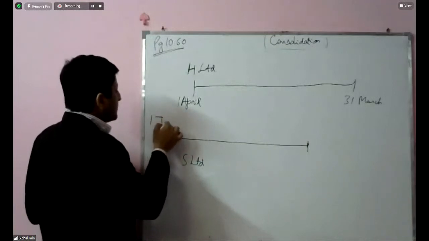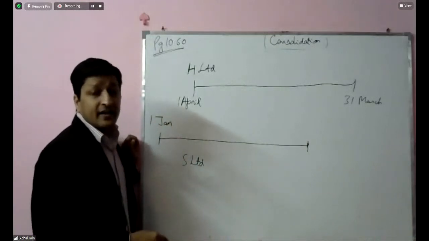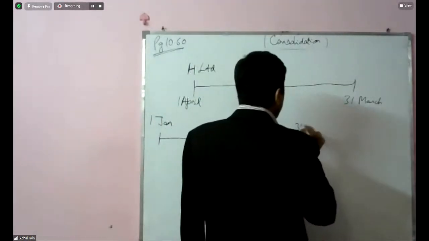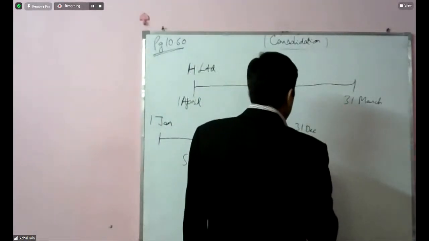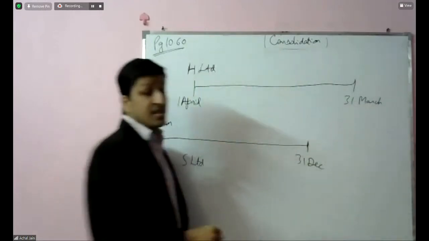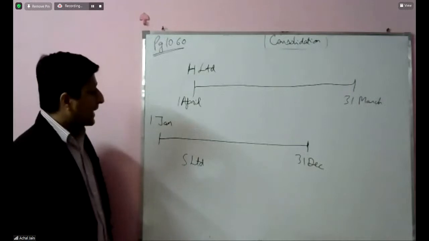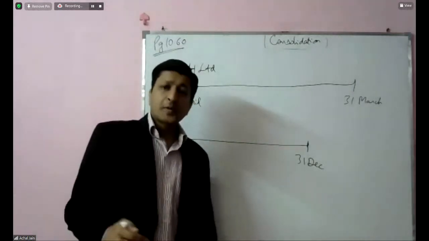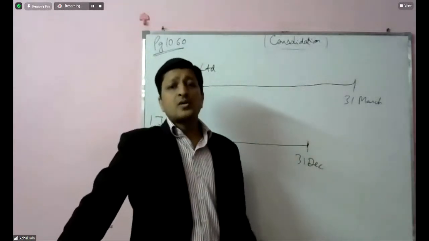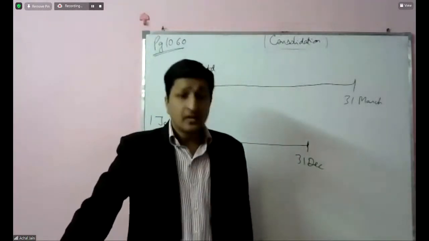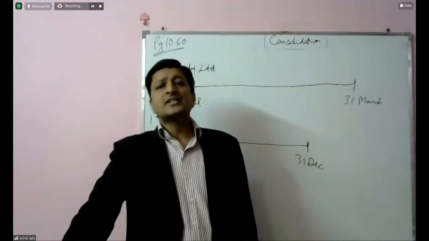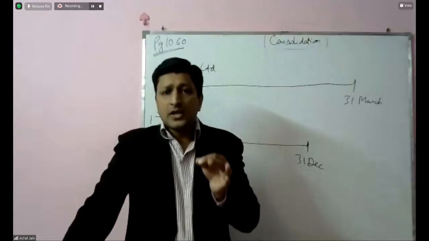And that's why it uses calendar year as its accounting year, from 1st of January to 31st of December. This is the year which is followed by subsidiary for the purposes of its financial statements. So we are talking about standalone financial statements. Means when the subsidiary prepares its financial statements, it is from 1st of January to 31st of December.